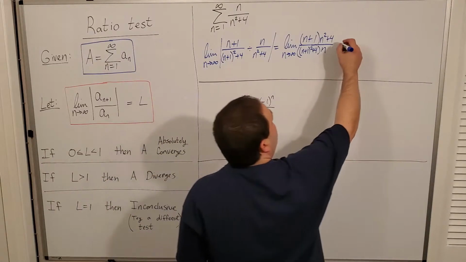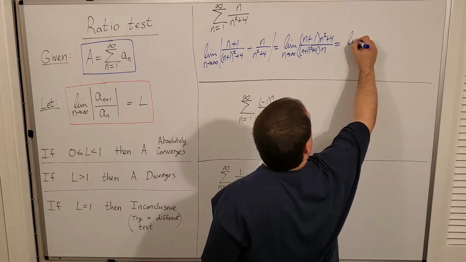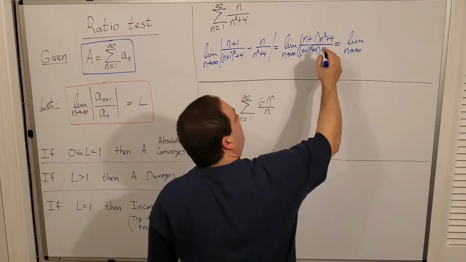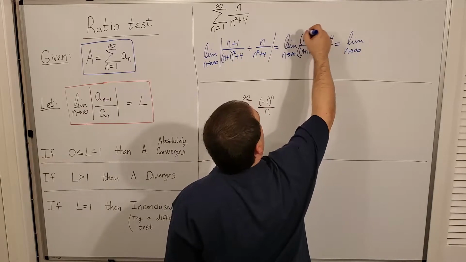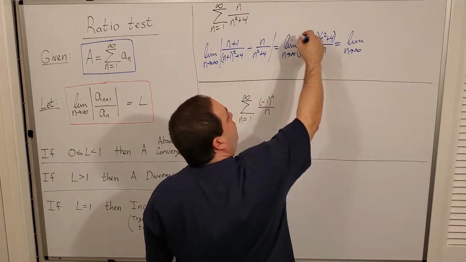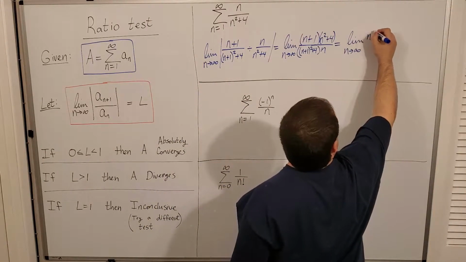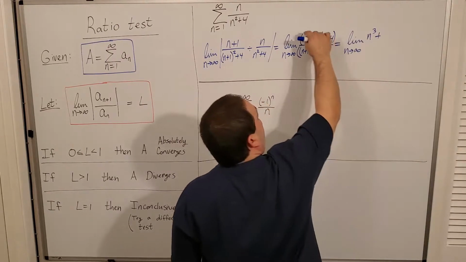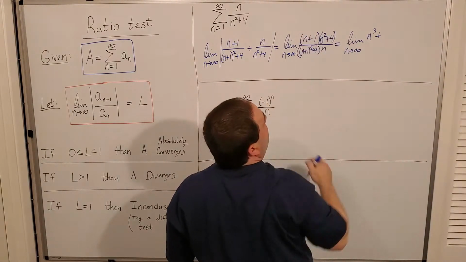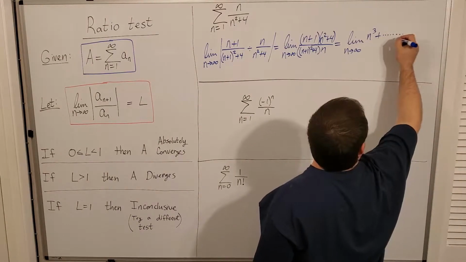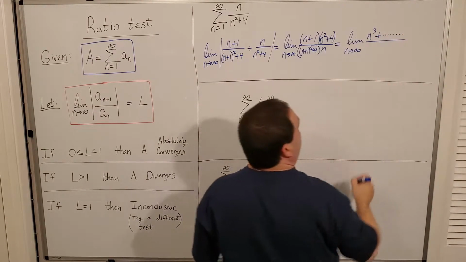Okay, now take a look at this limit. I'm just going to hit the most important pieces. Notice right here, if I were to multiply this out, the n plus 1 times the n squared plus 4, then I'm going to have n to the third, right, plus n squared, 4n, 4, plus some other garbage that's lower than n cubed.